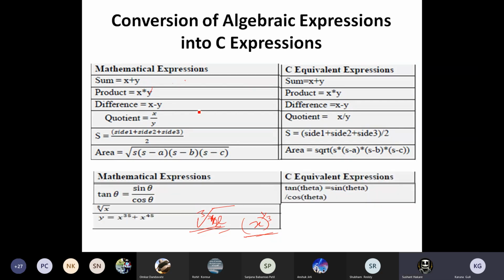Then how do I use that power function? Cube root of x is equal to power of x comma 1 by 3. Power, into brackets, x comma 1 by 3. Is this okay? This is how we are supposed to write the C expression for this.